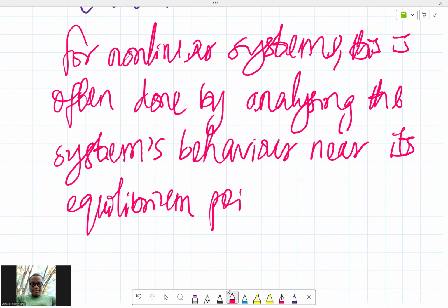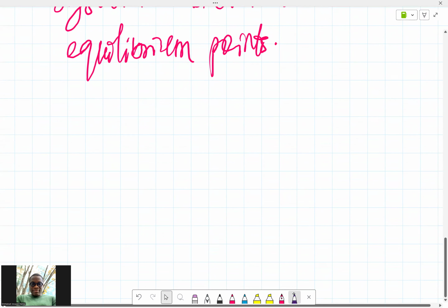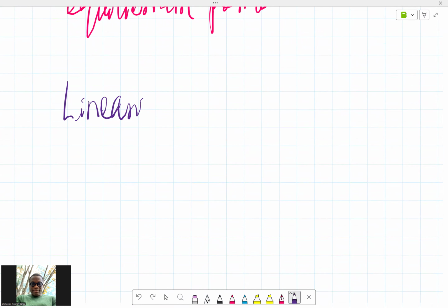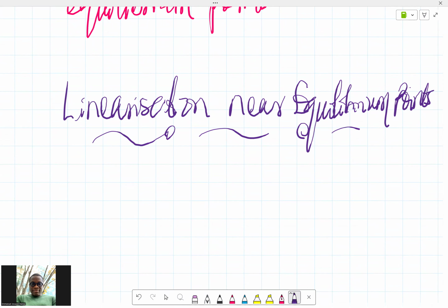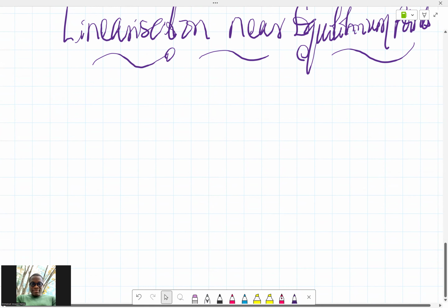And we did something like this in the previous case, except that here we are going a bit deeper. All right. So we've also seen the concept of linearization near equilibrium points. That's where the idea of the Jacobian matrix comes in, or in this case, we can also see the idea of the Lyapunov exponent. So let's see how this works.